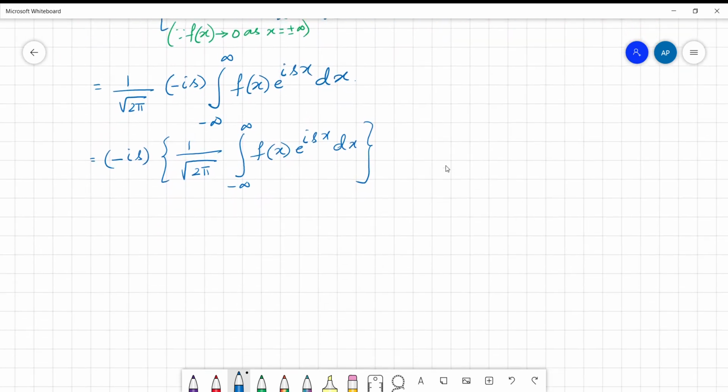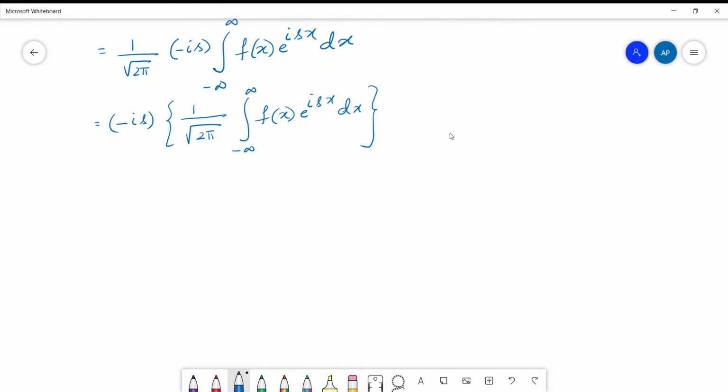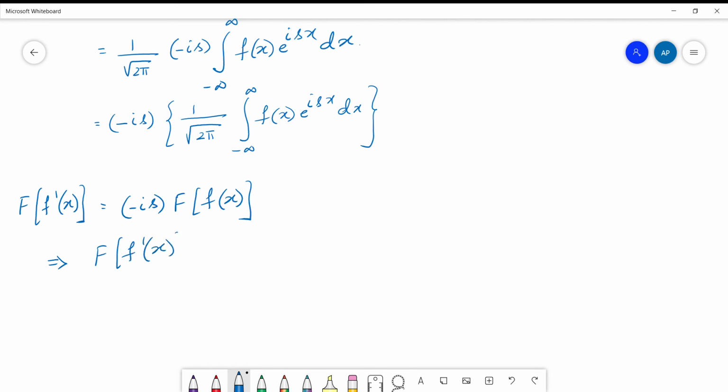So using that, substituting it on the right side, it is minus is into the Fourier transform of f of x. So what is the left hand side? The Fourier of f dash of x, therefore, is equal to minus is into f of x. Minus is Fourier of f of x is nothing but f of s.